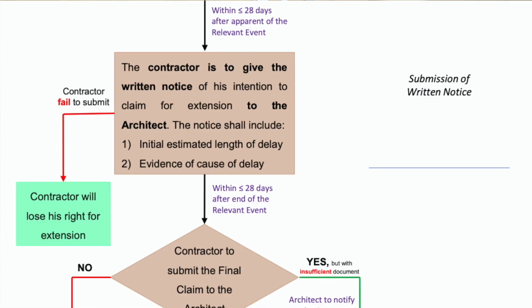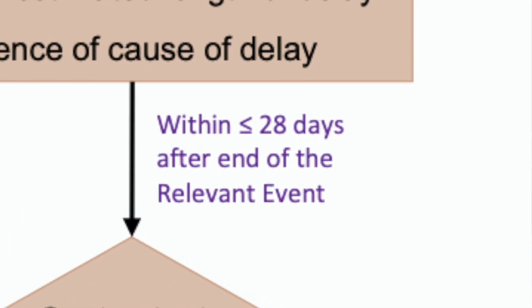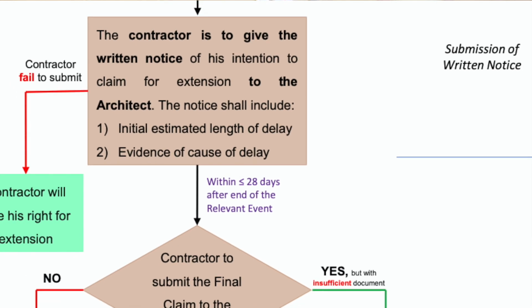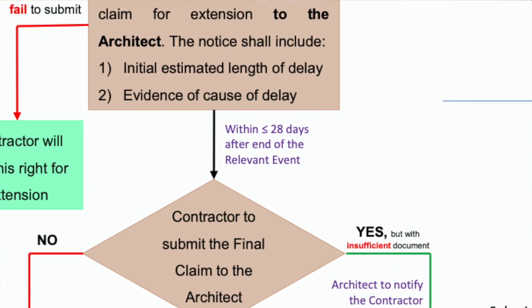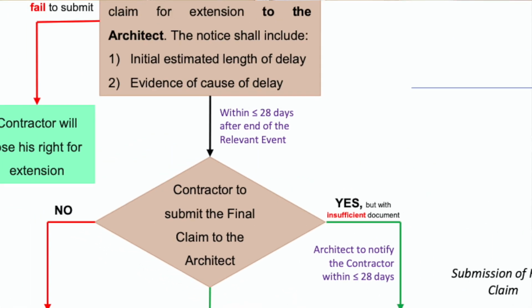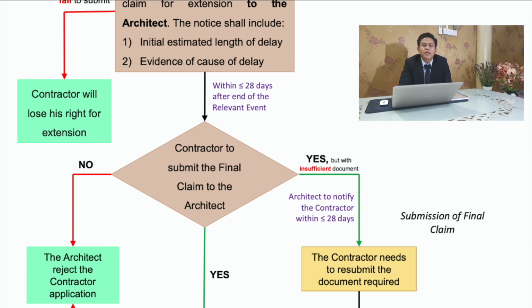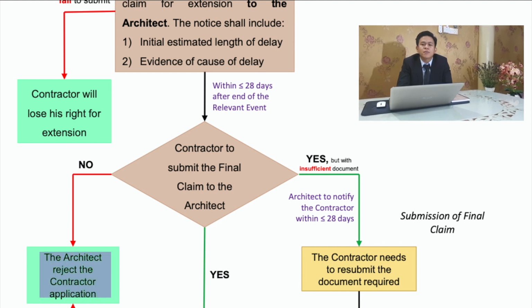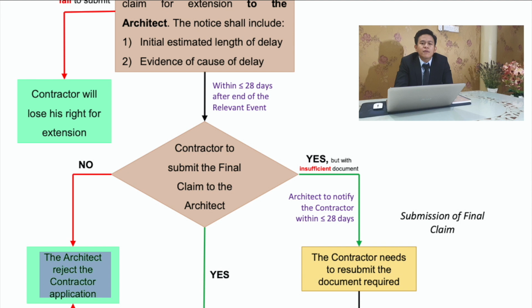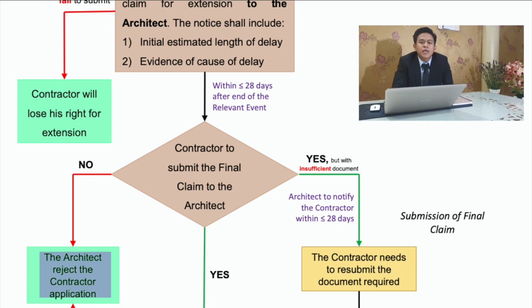After that, within 28 days of end of causes of delay, the contractor should submit the final claim. If not, the application will be rejected, which means the relevant event does not cause delay to the work. The contractor will not be granted extension of time by refer to clause 23.1b.